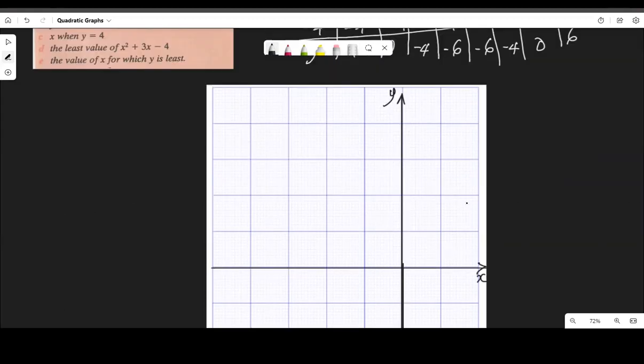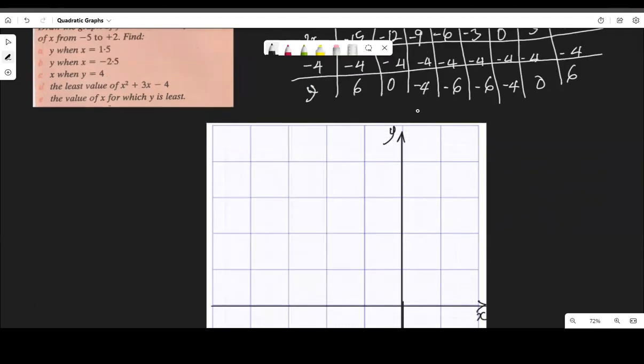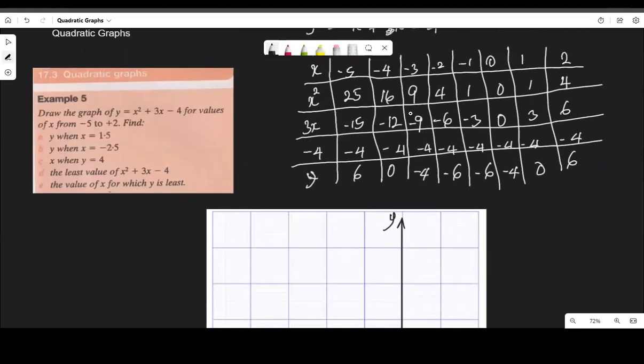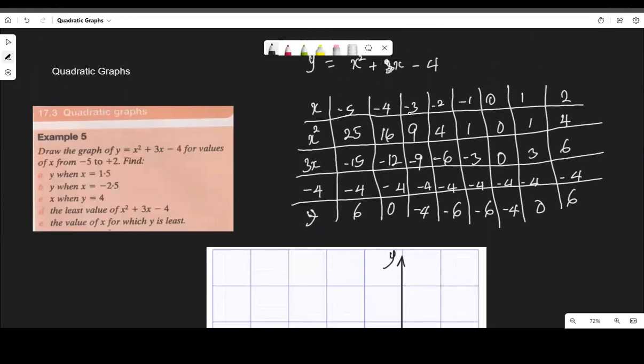Okay, so here is my graph sheet with the x and y axes marked. Now the next thing is to choose a scale for this graph. Our choice of scale will be determined by the values we have. If we look at the x-axis, I have more negative values than positive.